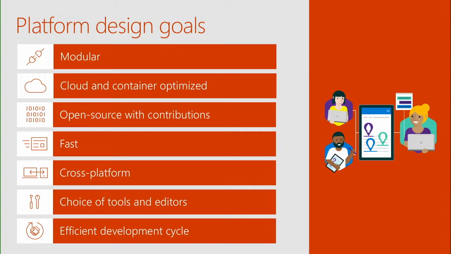So the ASP.NET Core framework aims to be modular. Each feature now ships as a package, as a NuGet package.